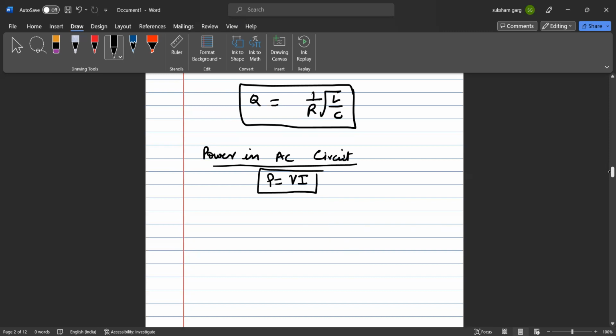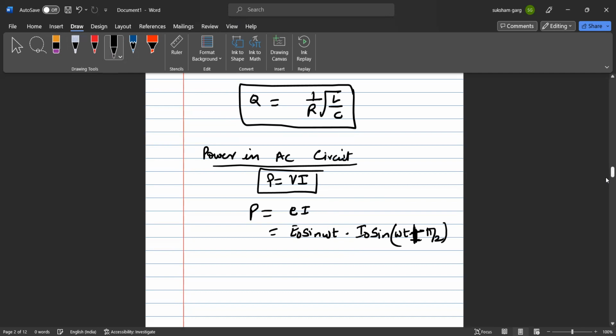Now fill in the values, you will get P is equal to E into I. E is equal to E naught sine omega t. Instead of I, I am supposed to write I naught sine omega t plus or minus pi by 2. Why am I writing plus or minus pi by 2? Because it can be plus or it can be minus, right? So plus or minus pi by 2.